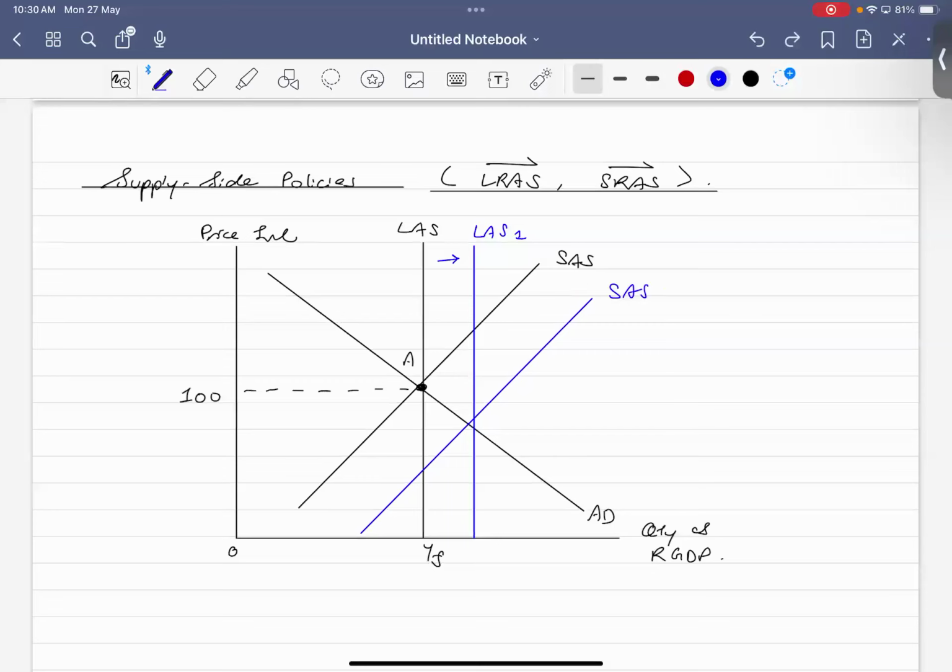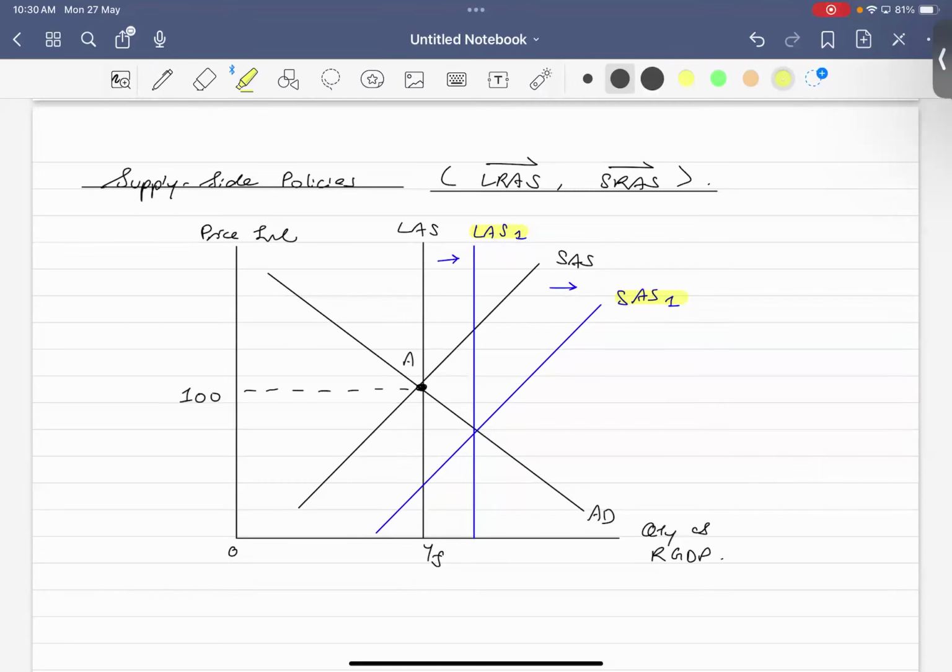Let me just try to draw on the line itself. Hold on. Okay, so you shift SAS and LAS here. Okay, so that's the first thing you must illustrate for supply side policy, the shift of LAS curve and SAS curve.